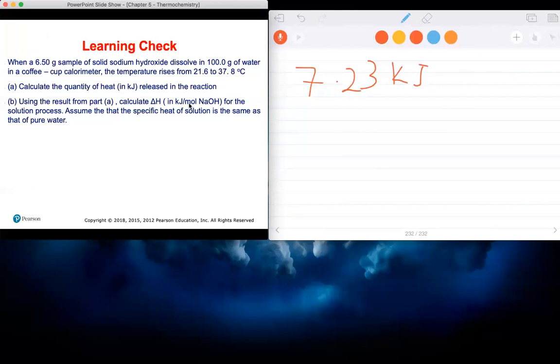Kilojoules per mole means we need the number of moles of NaOH, using the molar mass of NaOH, which I will approximate. 6.50 grams times 1 mole over 40.0 grams. So 6.5 divided by 40 gives the number of moles, 0.16.